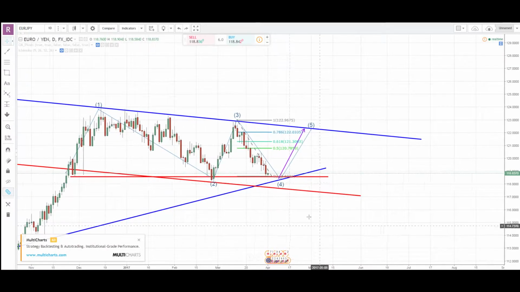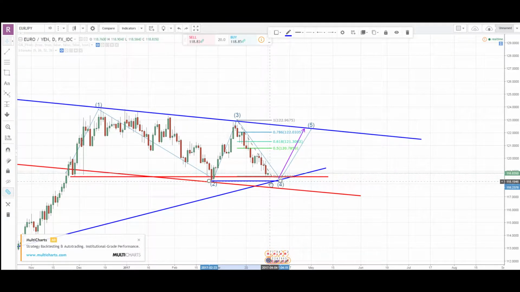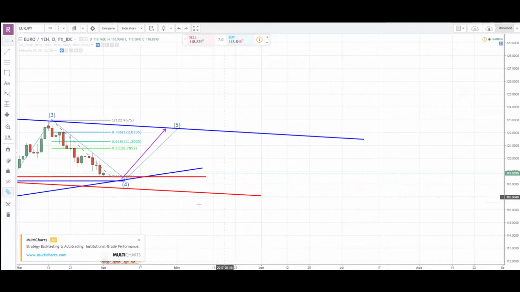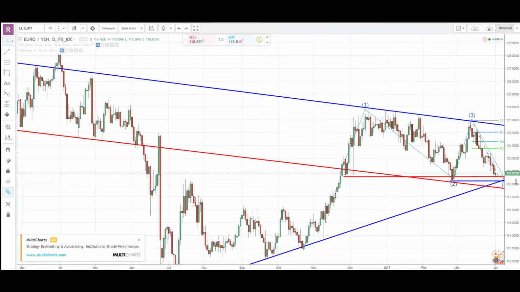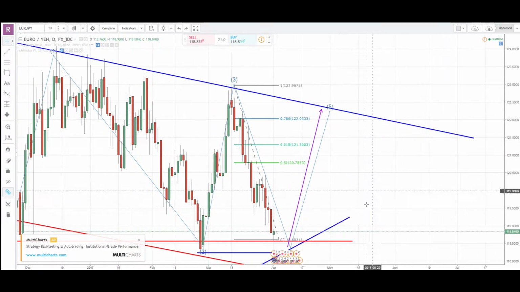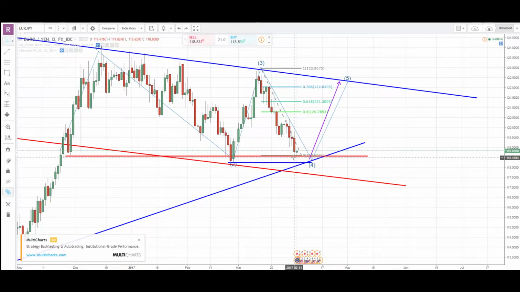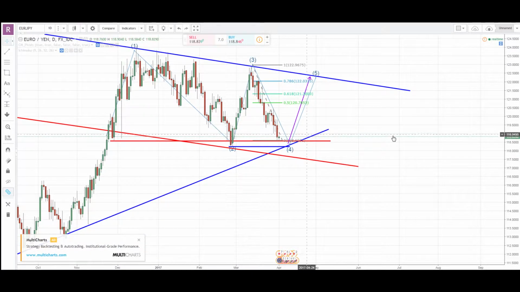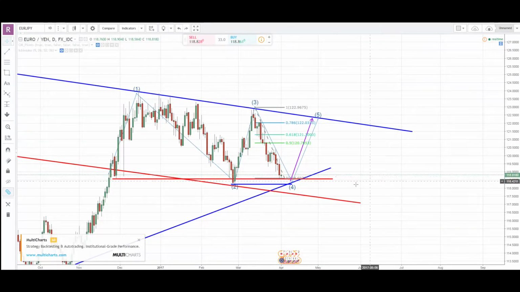So price should go a bit lower, maybe let me see, maybe to this level, which is 500 pips, I don't know, and then go up. Okay, it's the same as Euro USD. It's the same story as Euro USD.